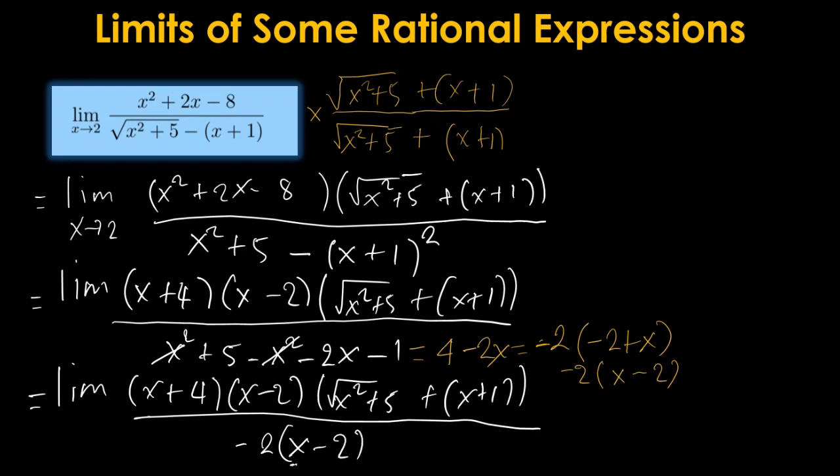Here x minus 2 is common to our numerator and denominator. The limit approaches 2, so we now get rid of this factor, which makes our expression 0. Let's continue.